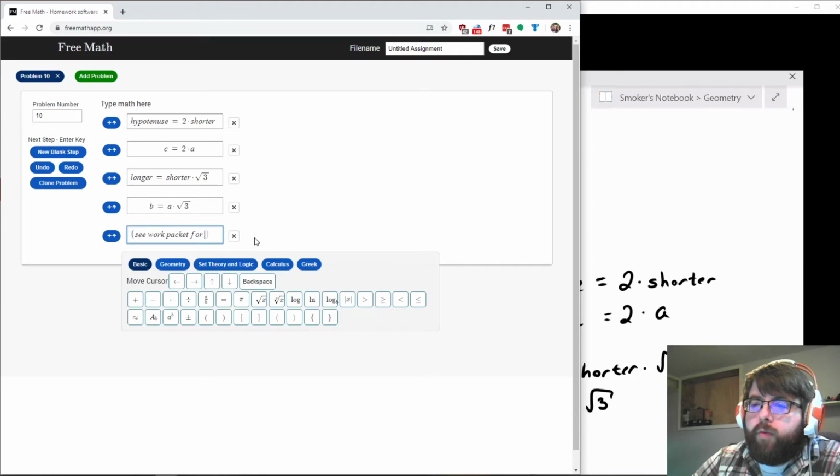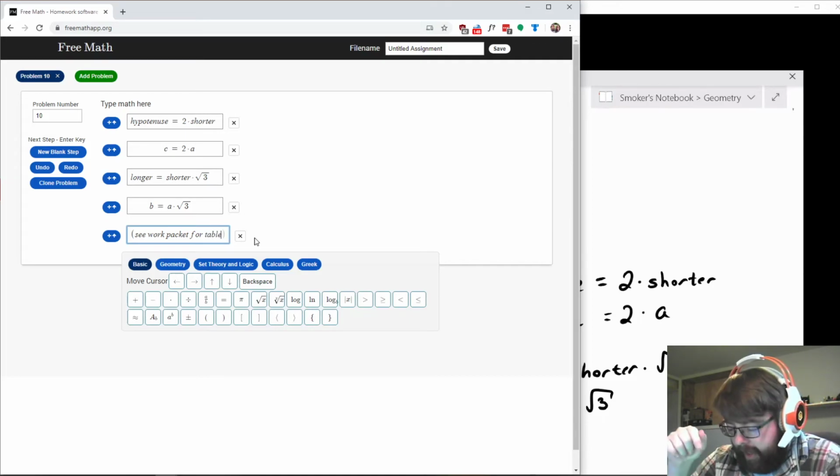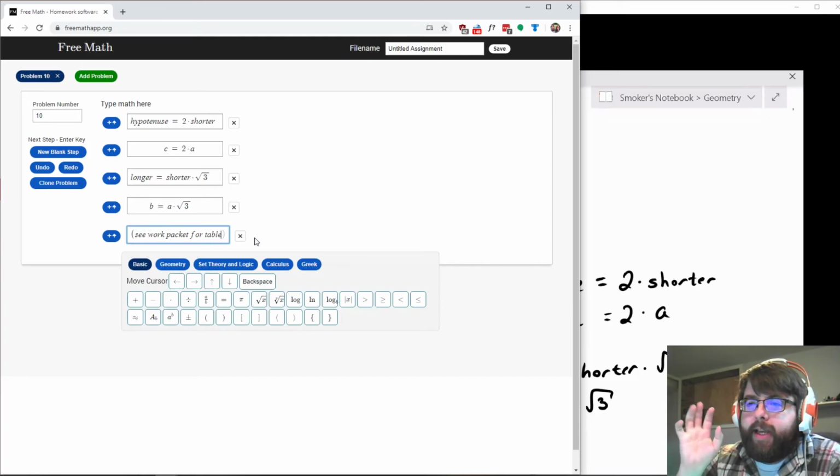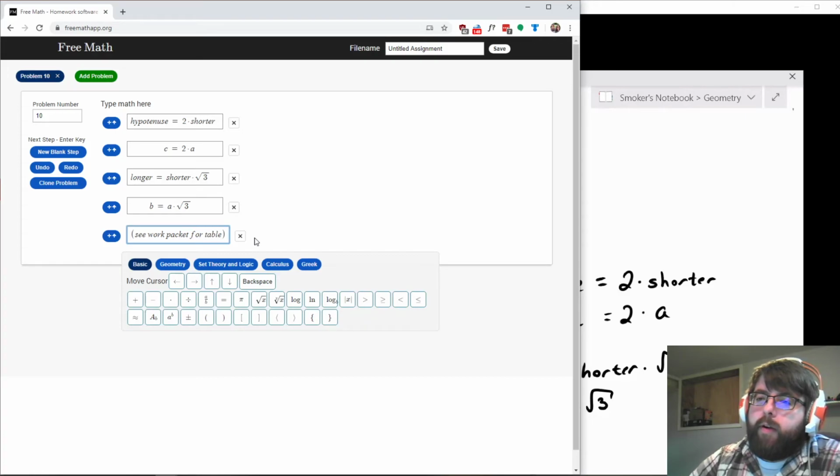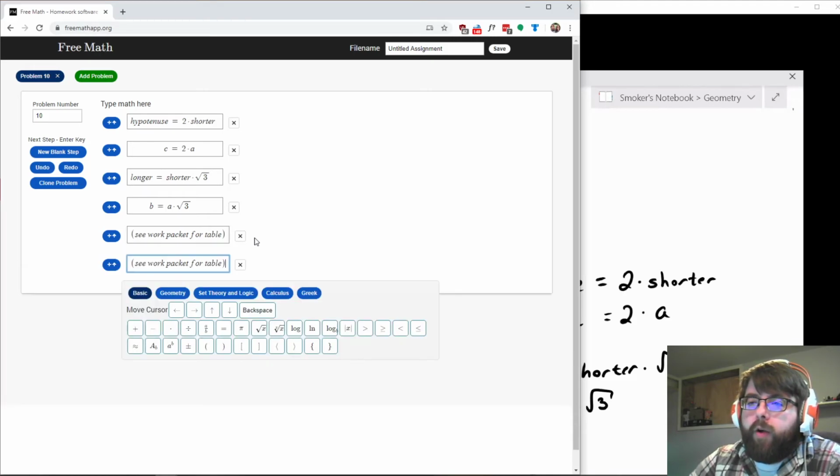It's going to space weird because Free Math thinks it's a function. But for table, because it's a little messy, send me your image. If you send the image and make that note, I can look at your image. I don't want to do that for everything, like a normal problem. I shouldn't need to do that, but for things like this and things that require some drawing, that works.